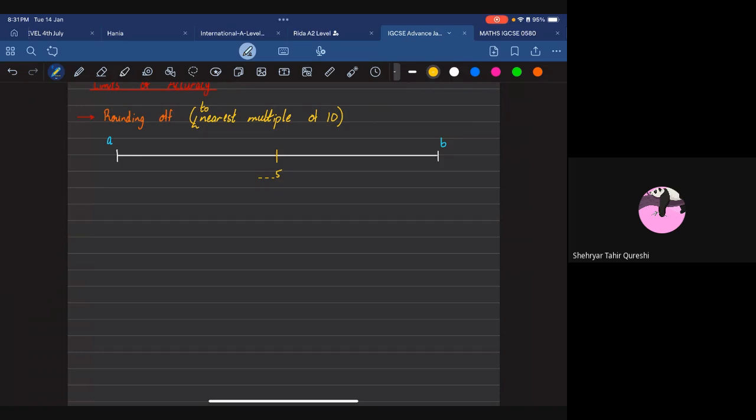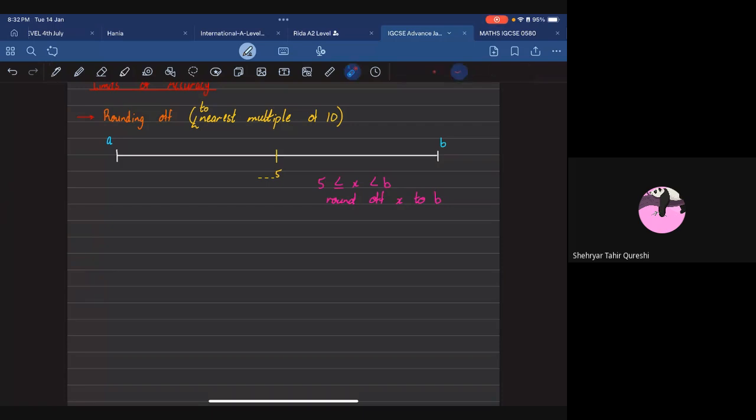Keeping this in mind, whatever number you're about to round off, if your number lies in this region, inclusive of 5, like for example, let's just say that x is greater than or equal to 5 and less than b, what you're going to do is simply round off x to the next number, which is b.